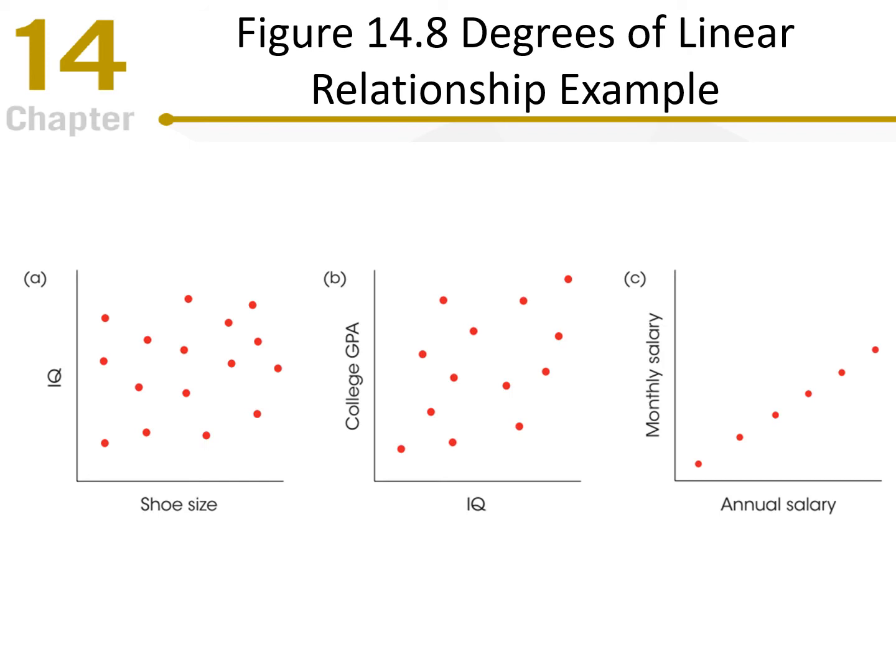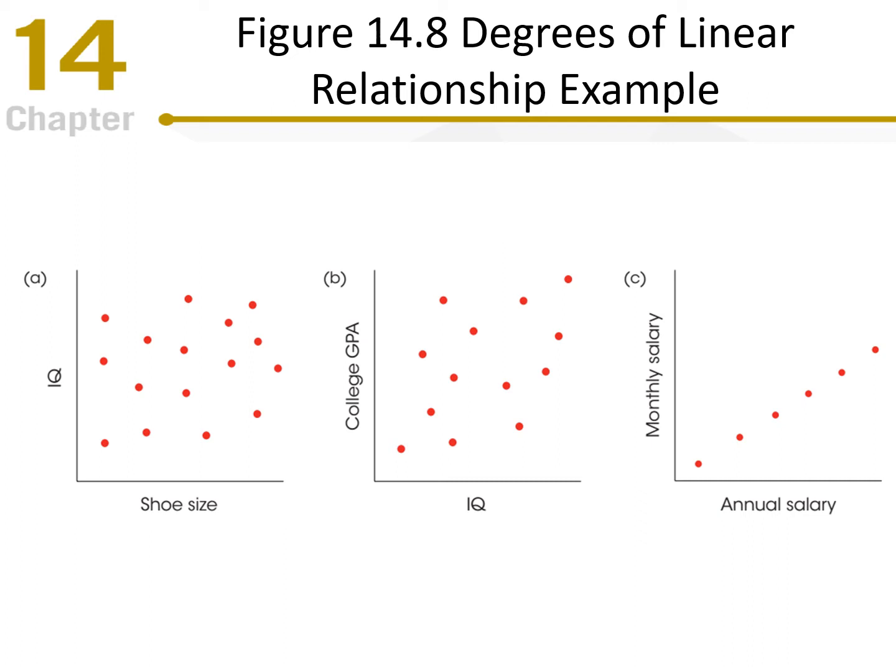Here are 3 scatter plots of correlations. Shoe size and IQ: you see this correlation is near zero because the best fitting line would be a horizontal line, and that horizontal line would be the mean of IQ. So when you have a correlation of zero, the best predictor is going to be the mean of Y. So the mean of Y would be the best line to fit here, the mean of IQ.